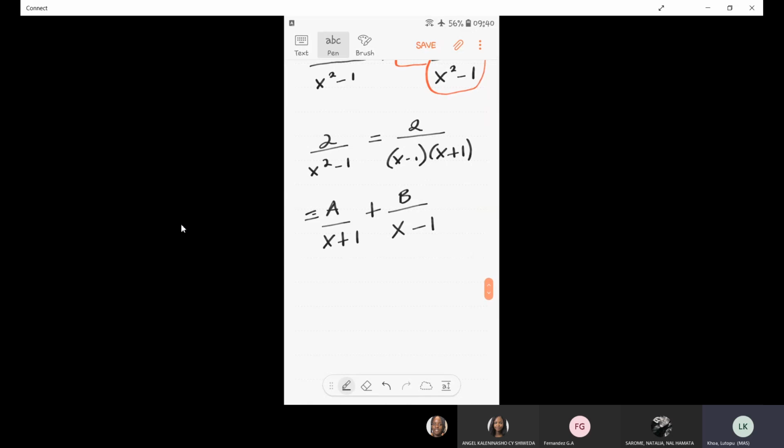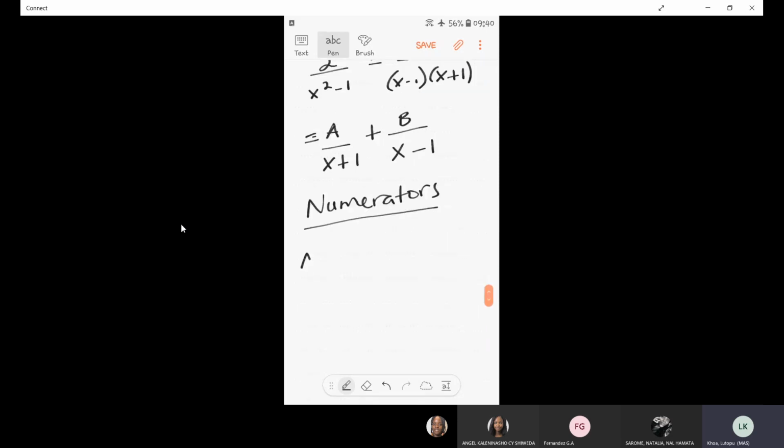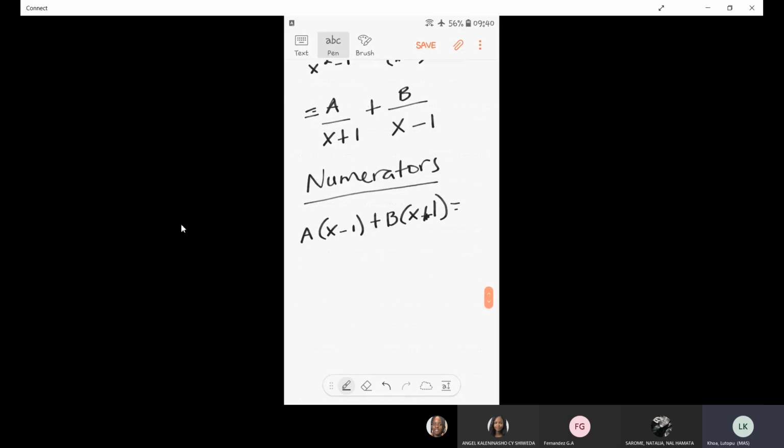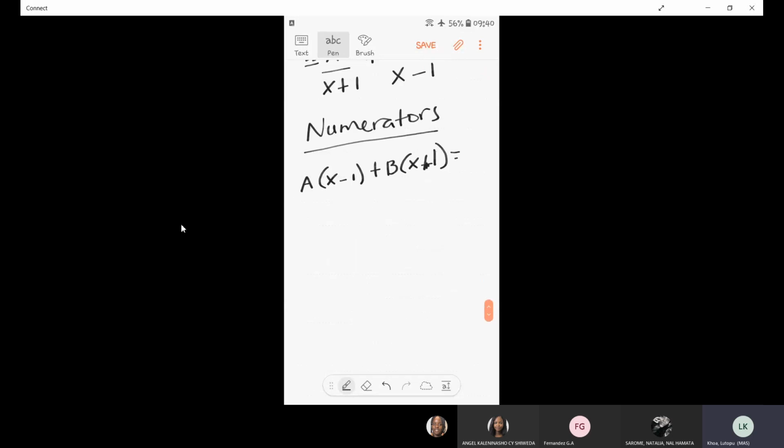Then I combine the two and then look at my numerators. So I will have A times x minus 1 plus B times x plus 1. And this must be equal to the numerator I have, which is 2. So this should be equal to 2.